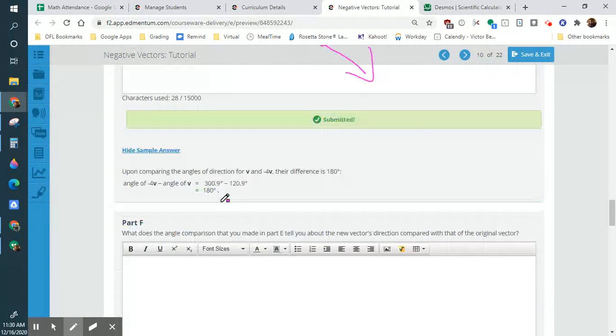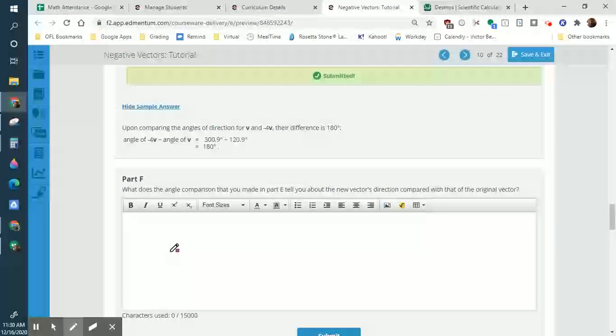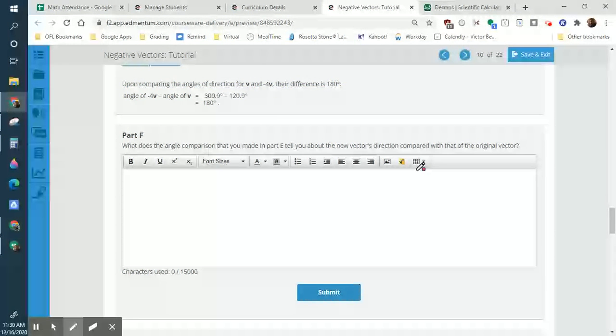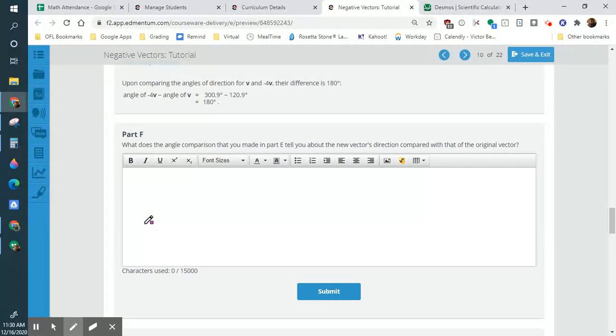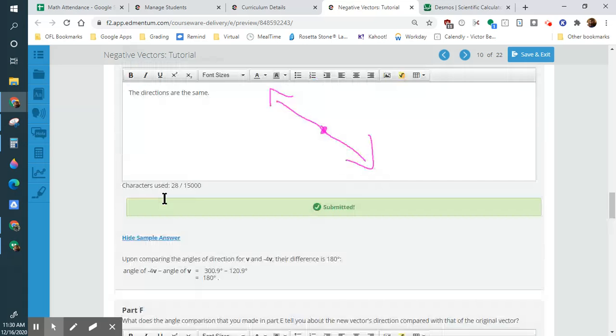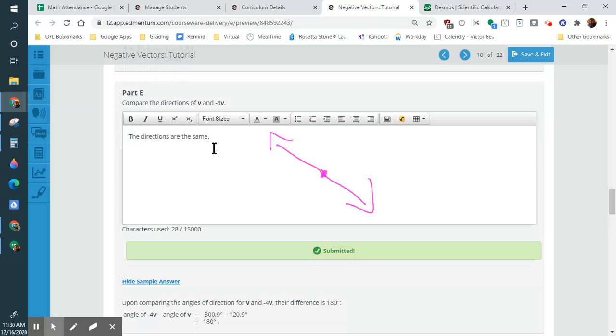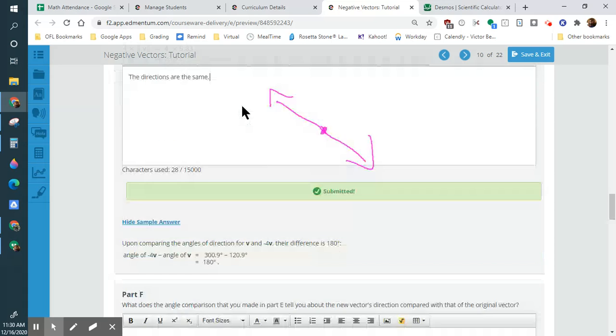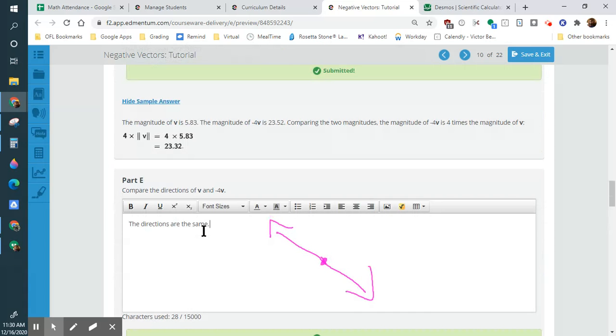All right. And then what does the angle comparison make in part E tell us? So angle comparison, they are facing opposite directions. I find that their series of questions is very weird because this one, what we would say right off the bat is, hey, they're facing opposite directions, but they want you to say that it's 180 degrees.